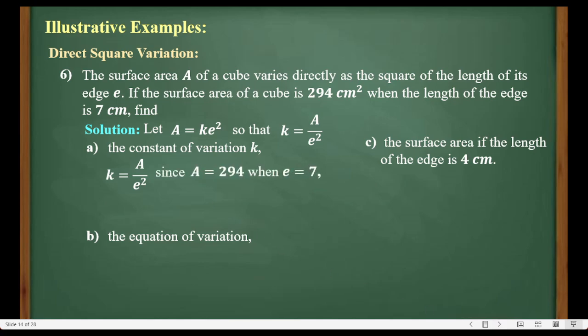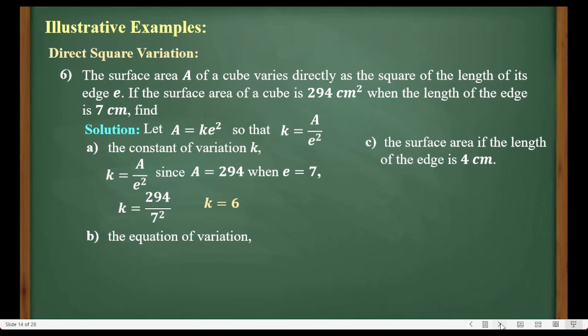A is 294 while e is 7. So 294 over 7 squared. You simplify this side right here so that your k is 6. The value of k is 6.